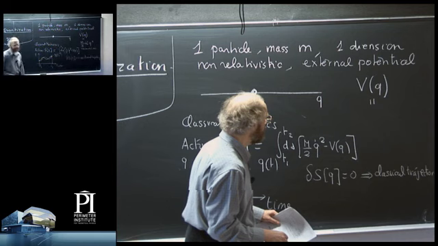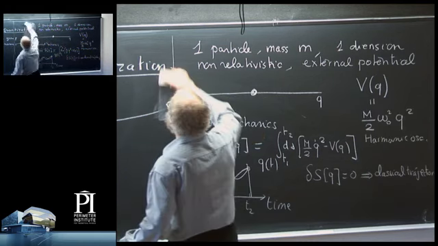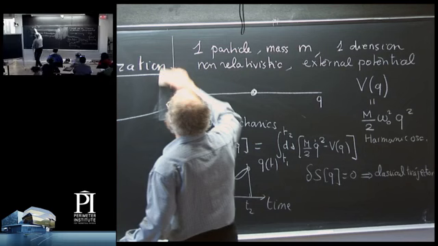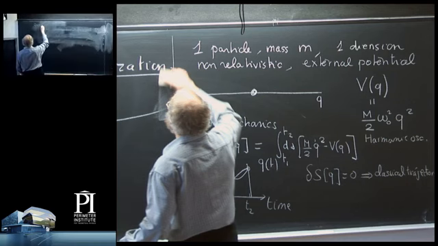So, this is the classical description of the system. For the quantum mechanics, we know very well that if you go to the quantum, the system is described by a Hamiltonian, H.